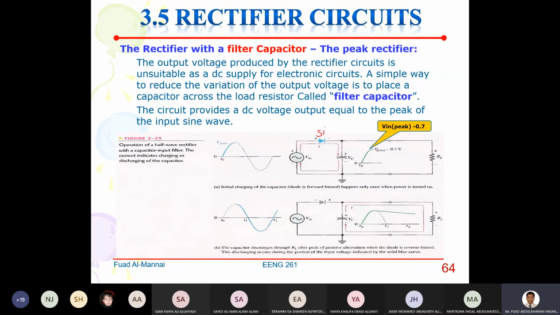The output here will not see this edge. The output will see that the capacitor is already charged to the max, and therefore the capacitor will discharge its voltage to the RL. Why?